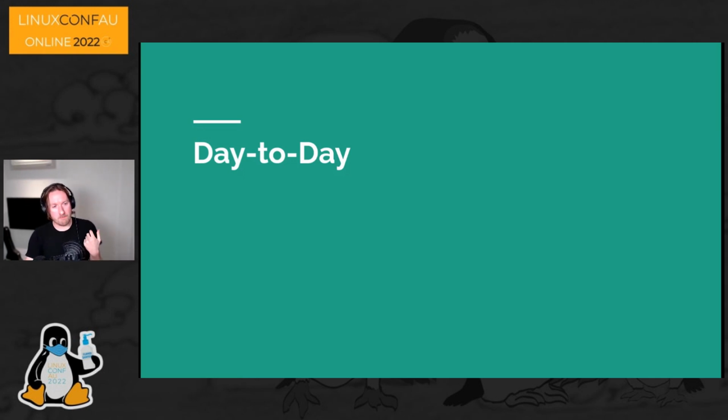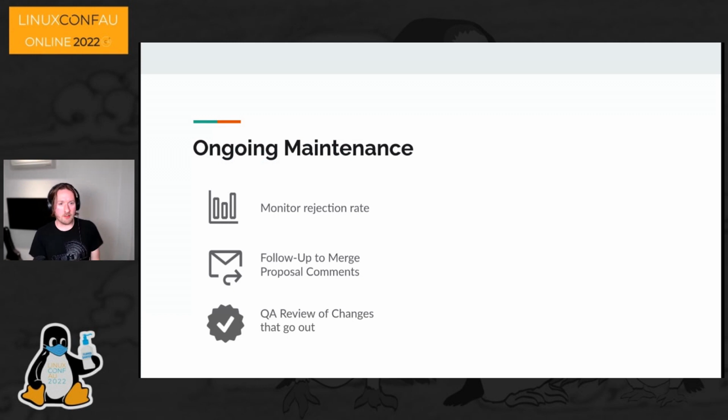So then how much does it take to keep this beast running? One of the key things that we look at regularly is the rejections of merge proposals. So if people close merge proposals without merging them, they'll usually leave a comment, and we go and look at why they closed those.